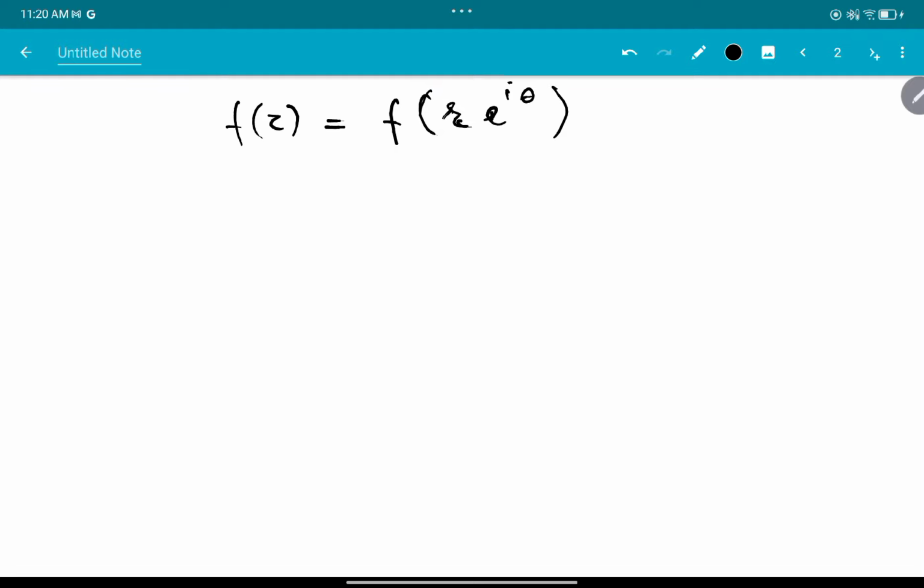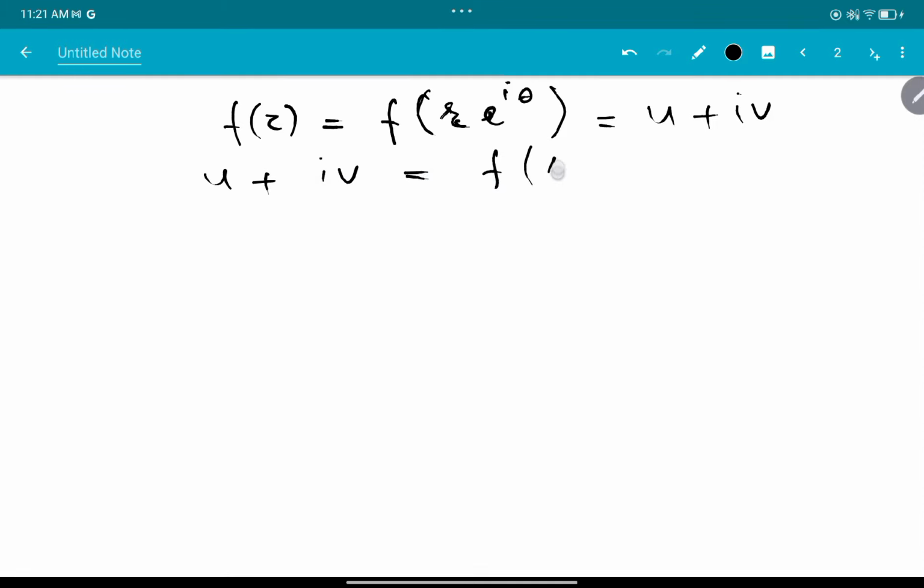In order to do the same here, we will simply write it as u plus iv, where u is the real part and v is the imaginary part of this function. So u plus iv is equal to f of r e raised to i theta, and f(z) has this real part u and imaginary part v.